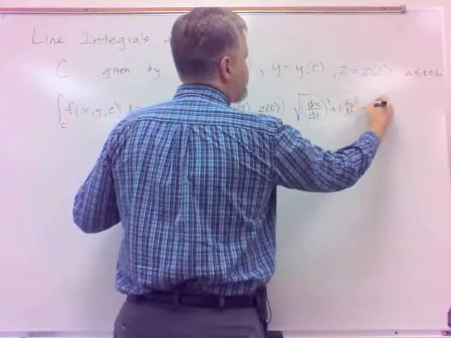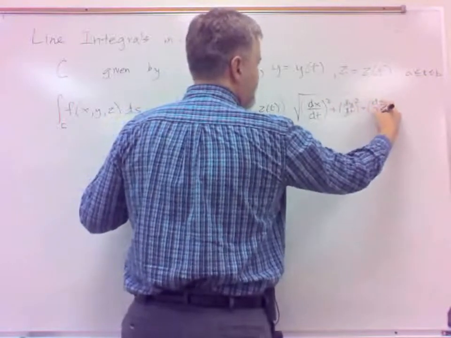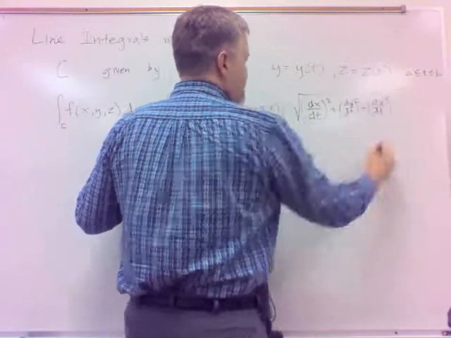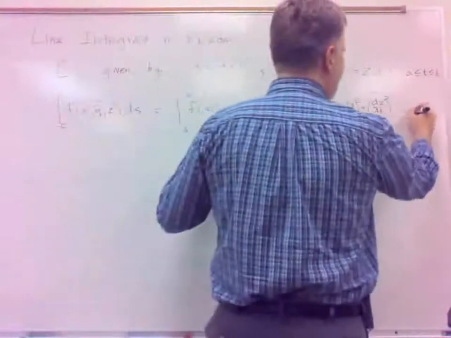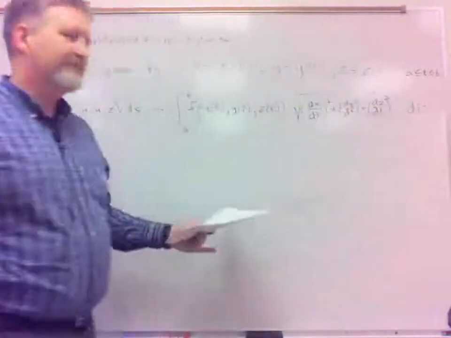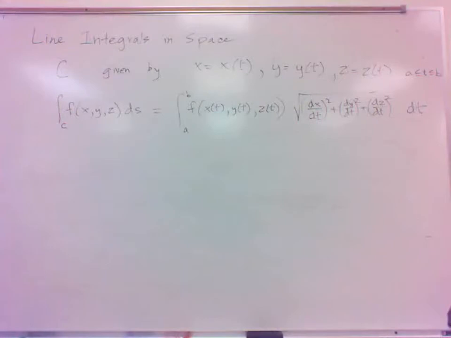Yep, exactly. Just add the 3rd dimension there. So it'll be the square root of dz dt squared that we add. So nothing really more, just more parts, but very analogous.